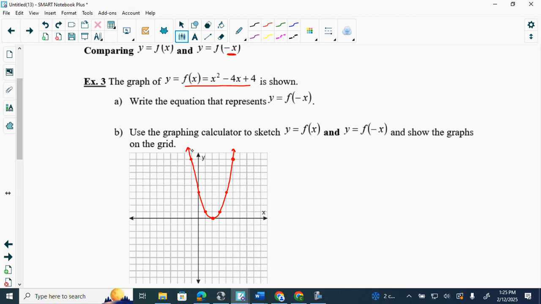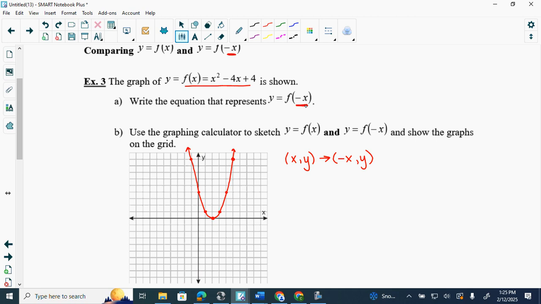Y's, if you're down here, you're going to be up here. That's on the x-axis. X's is this way. We also know it's x's because look at this. The negative is where? With the x. So if I go to do my mapping, it's going to be xy becomes negative x comma y. So anything in the bracket with the x affects the x in mapping.